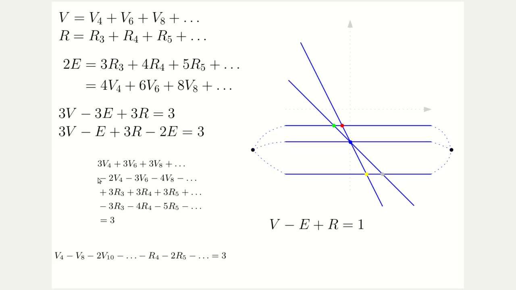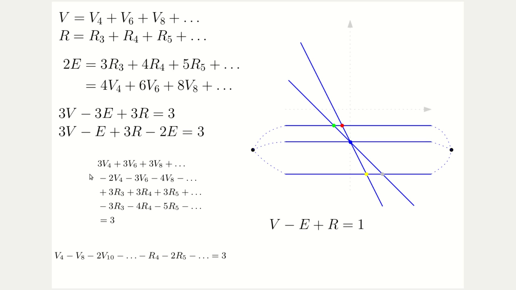Minus e equals this, which we use this line, we only divide it by 2. So we'll get minus 2v4, minus 3v6, minus 4v8, and etc. Plus 3r is used from here. Minus 2e, we use this line. So we get to this equality.